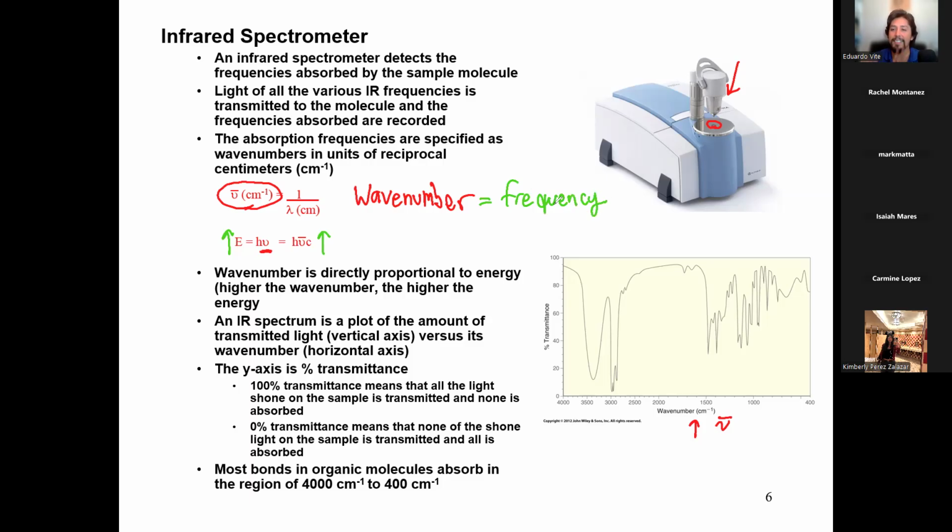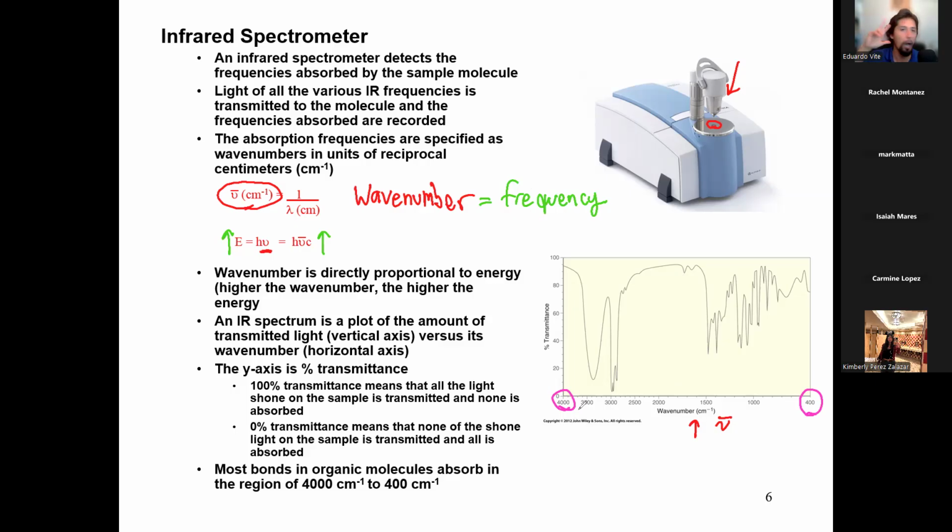And this makes things easy because if you look at this graph, I'm going to use the color purple. It starts at 400 wave numbers and it goes to 4,000 wave numbers. And if the number is big, the energy is big, right? Big number, big energy. Small number, small energy. And this is very useful because now the numbers actually correspond to what they are.